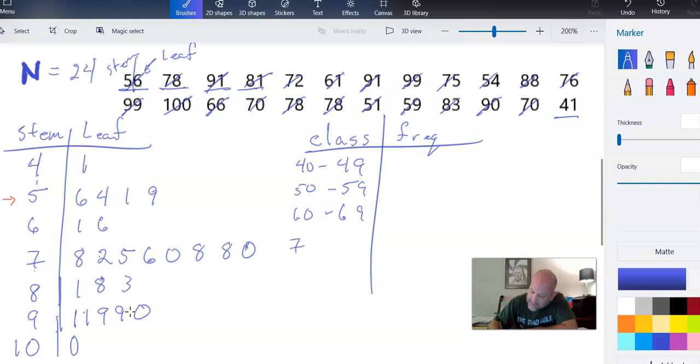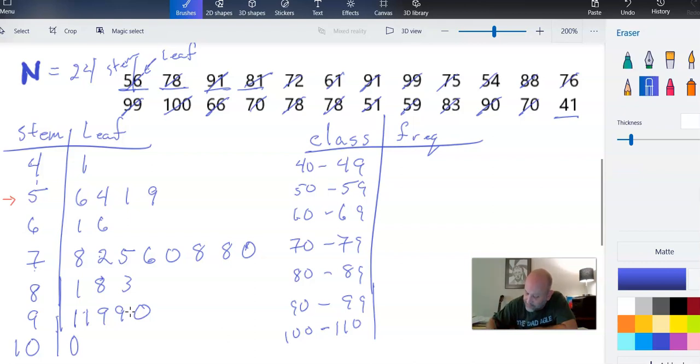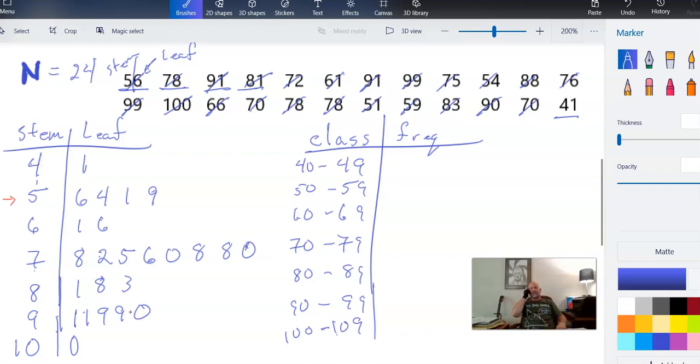And then we have 70 to 79. 80 to 89. 90 to 99, and then 100. 100 kind of sits out there all by itself, doesn't it? Even though, like if we were talking about grades, oh, that should be 109. They're supposed to be all the same width. If we're talking about grades, some of those aren't even possible, right?